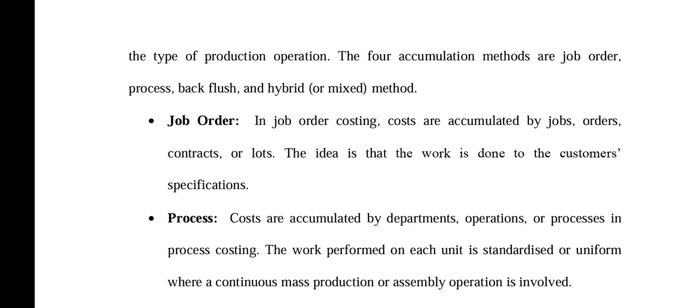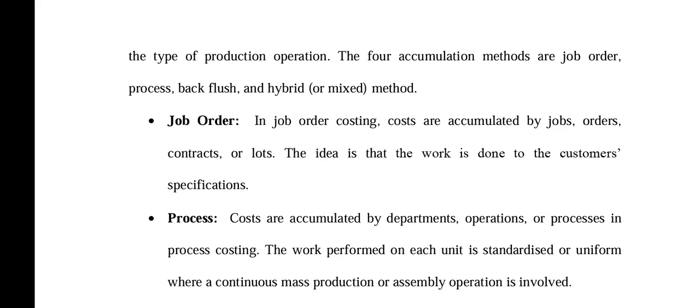Then job order, I explained that in unit 1. Job order basically means when you are doing a job based on customer specification. A customer is telling you, I need you to produce 5 cartons of, let's say, apples. So you are not going to produce beyond 5 cartons, whatever quantity the customer is requesting from you.